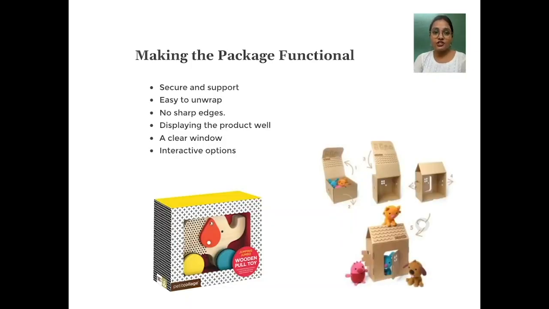Making the package functional. The role of packaging is to secure and support the product during transportation and stacking. But it should also make it easy to unwrap and use the product, without the child throwing a tantrum. The child should be able to easily hold the box.